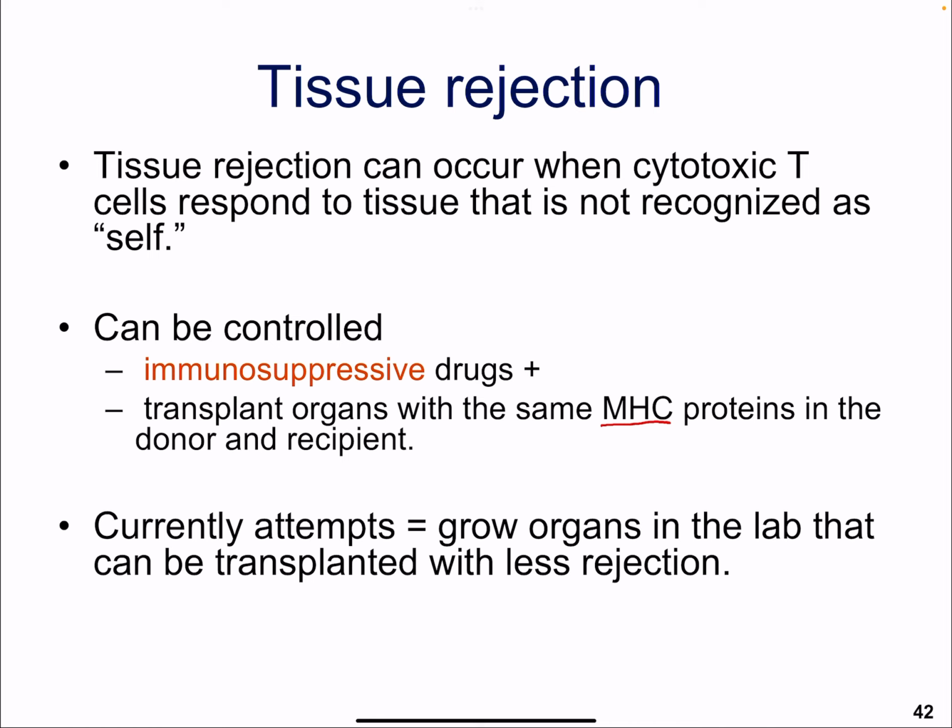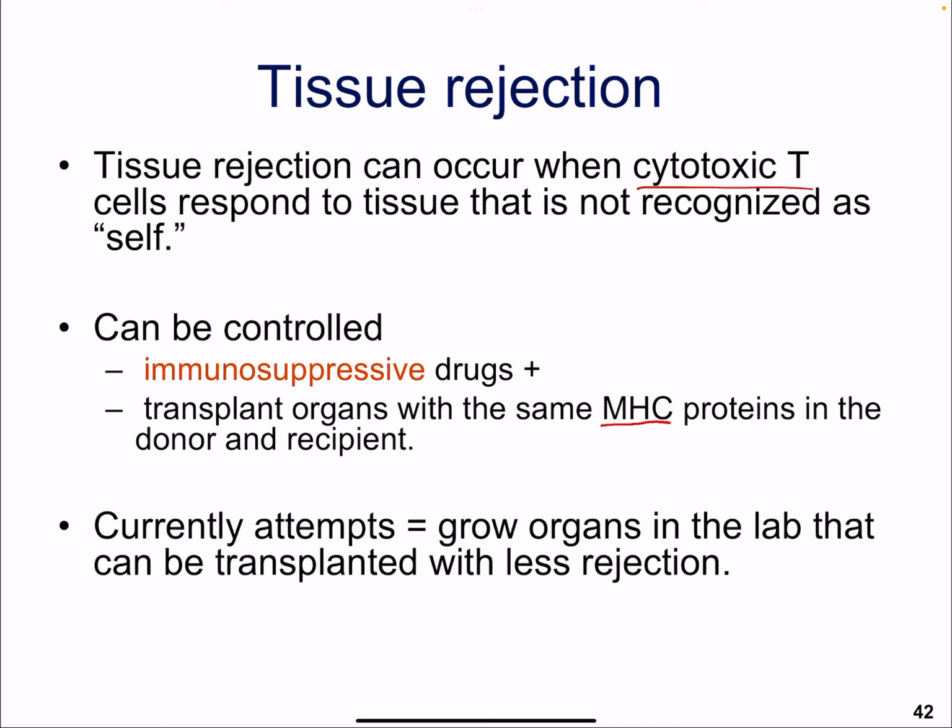They are also the ones that are recognized as non-self or self. So the cytotoxic T cells are going to be able to tell that this organ doesn't belong here.